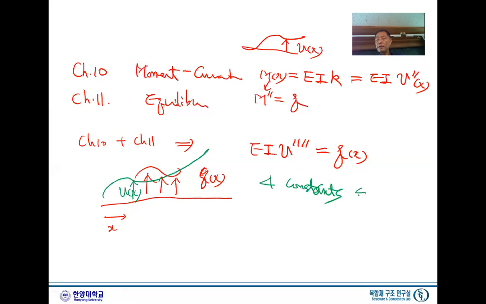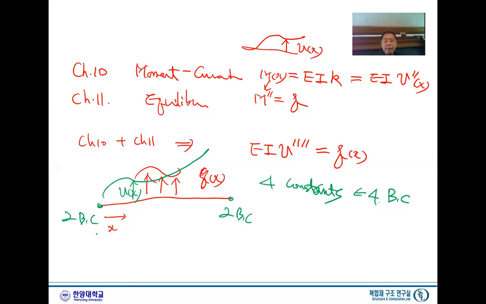Yes, exactly, boundary conditions. So how many boundary conditions do we need? Yes, we need 4 boundary conditions. So always on the left-hand side, we have 2 boundary conditions. On the right-hand side, 2 boundary conditions. Always.